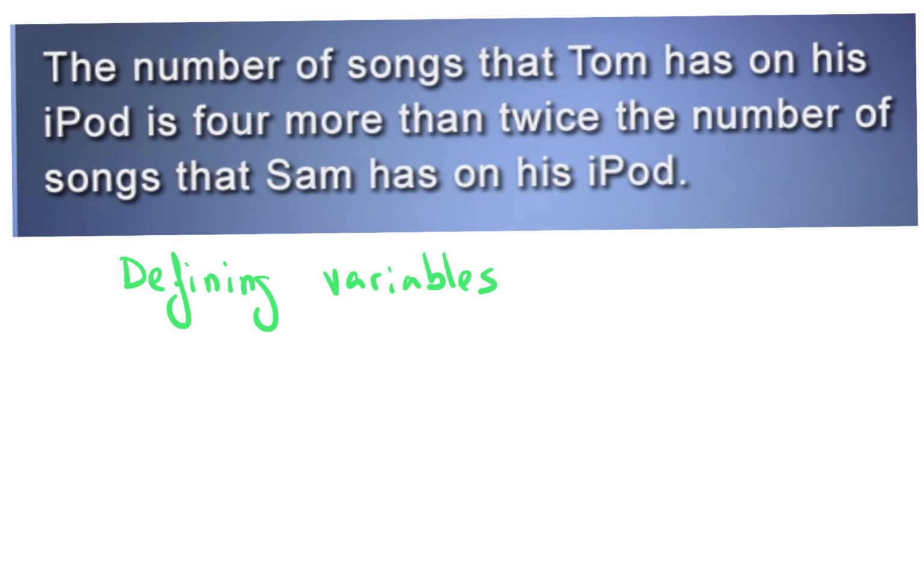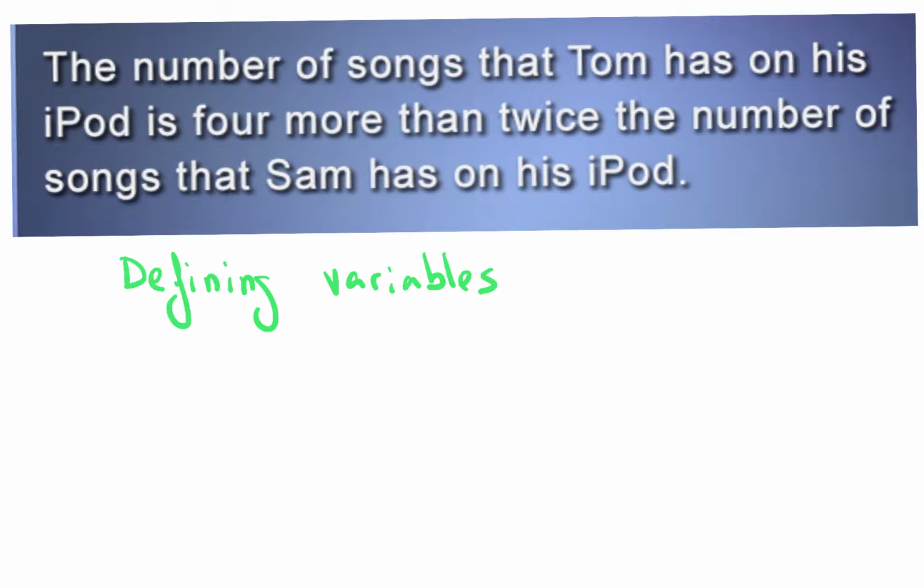Okay, let's practice another problem. The number of songs that Tom has on his iPod is 4 more than twice the number of songs that Sam has on his iPod. So we have Tom and we have Sam. Tom has a certain amount of songs.